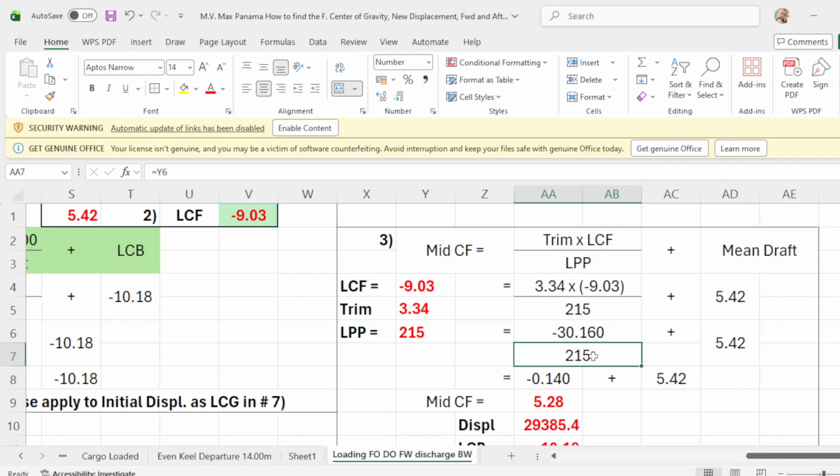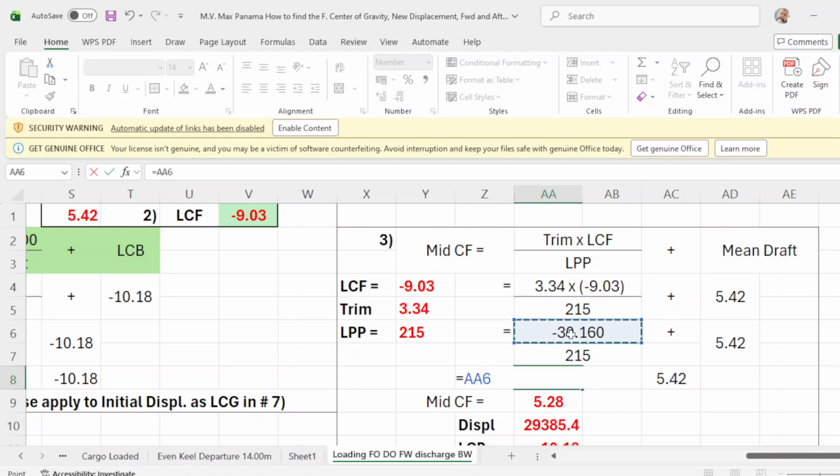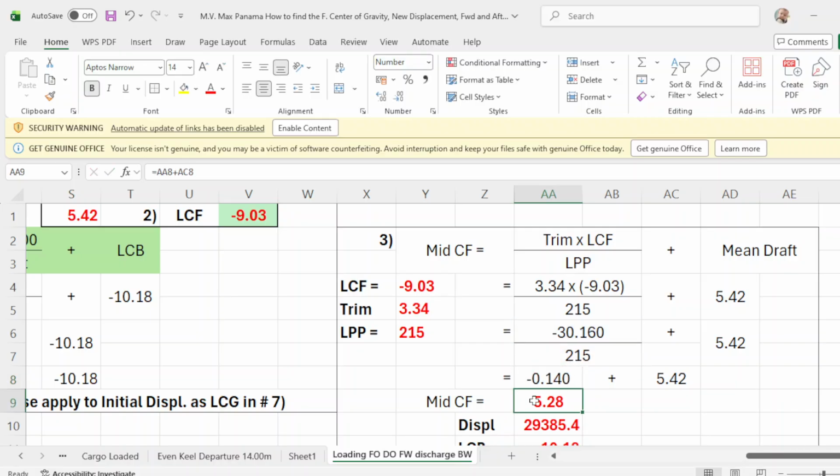That will be negative 31.160 over LPP plus your min drop. So divide this one. That will be equals. Click divide by your LPP. That will be negative 0.140 plus sign here with your min drop, and that will be 5.28.